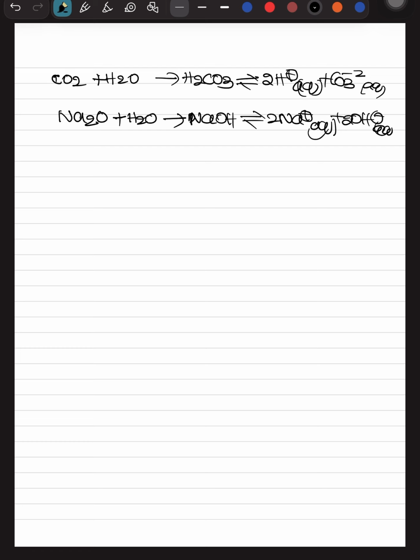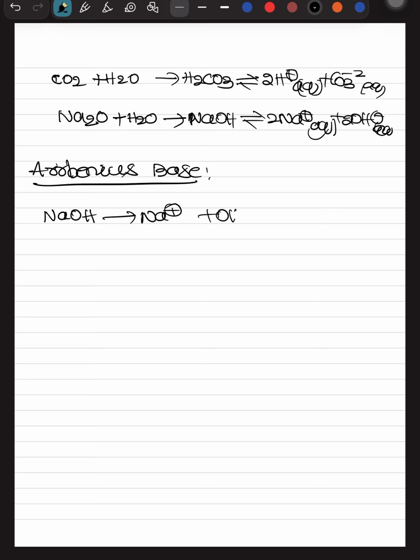What is an Arrhenius base? An Arrhenius base is a substance that releases the OH minus ion when dissolved in water. Example, NaOH gives Na plus and OH minus, so it is an Arrhenius base. KOH also releases OH minus. Both acid and base must be soluble in water.